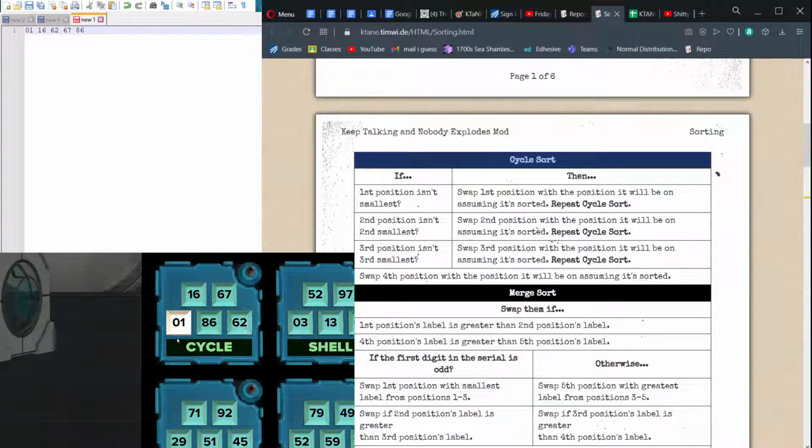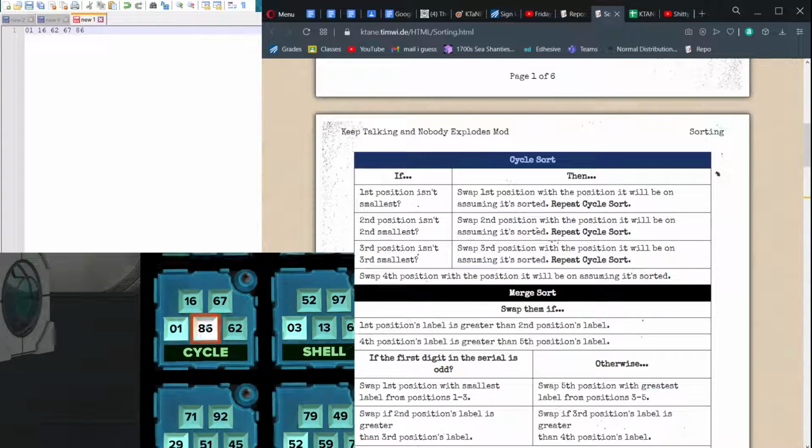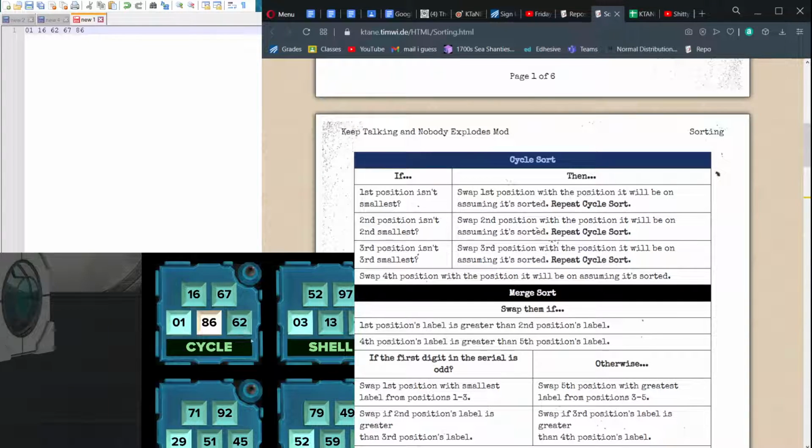And 1 is already the lowest position, so we move on to the next lowest position. 2 is already sorted, so we go to the next unsorted position, which is 3. 3 is not sorted, so we swap those.